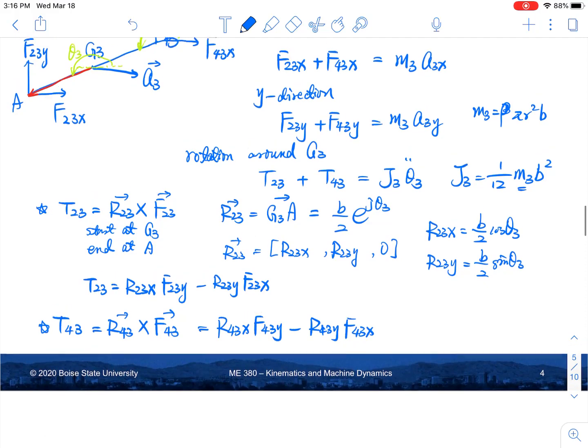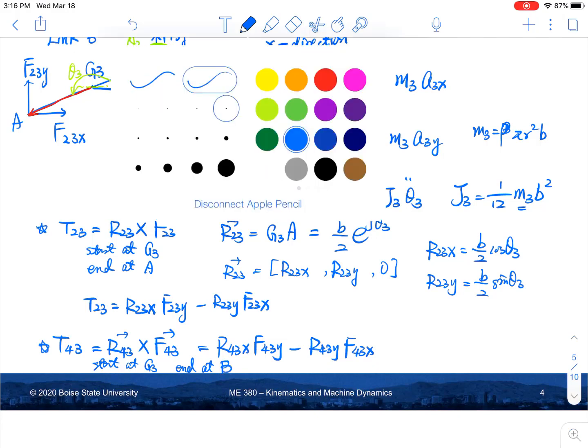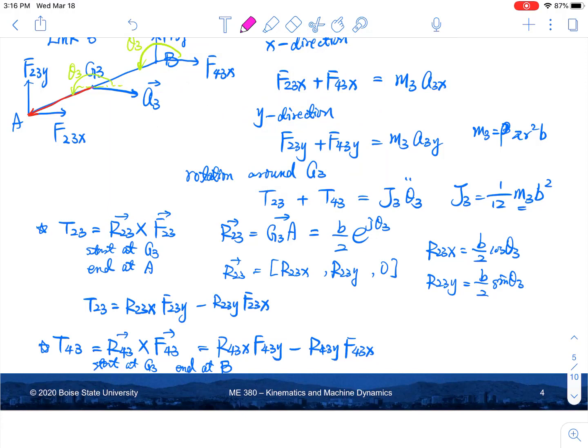Okay. But where is R43? Again, your R43 is a position vector. It starts at the center of rotation G3. It ends where F43 is applied, so it actually ends at point B. So in this case, you have your R43, right?